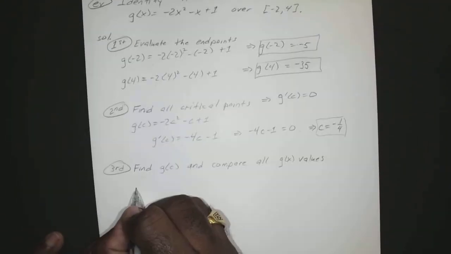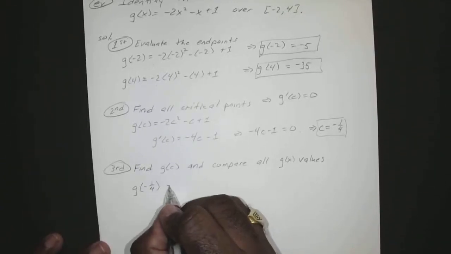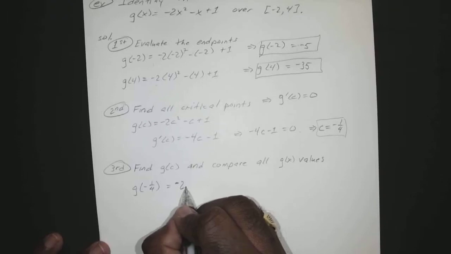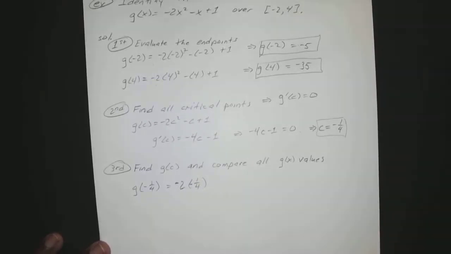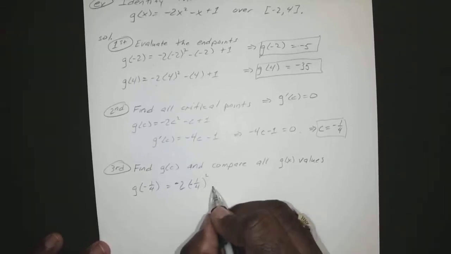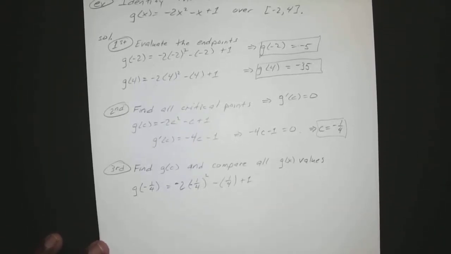So our g of negative 1/4 is going to equal negative 2 times negative 1/4 squared minus negative 1/4 plus 1.